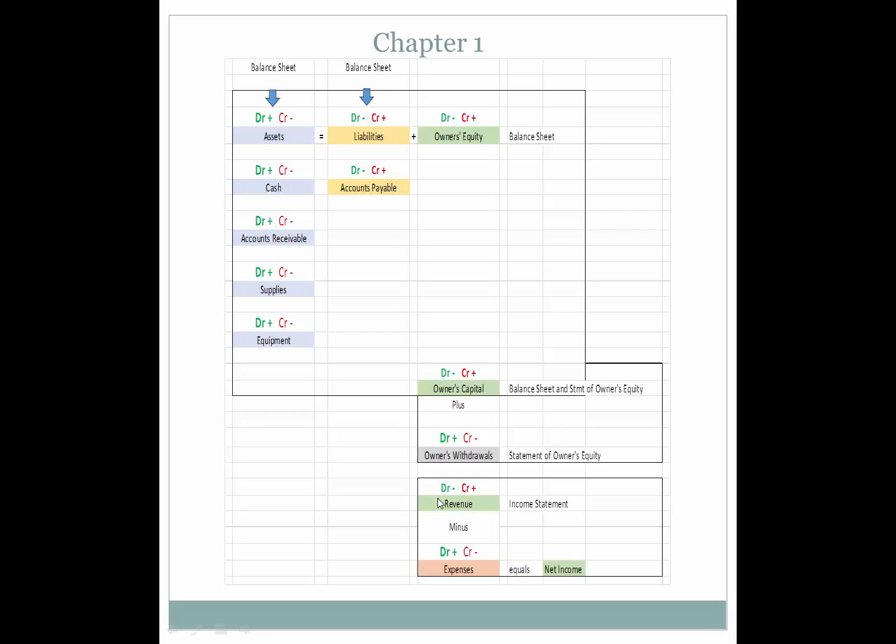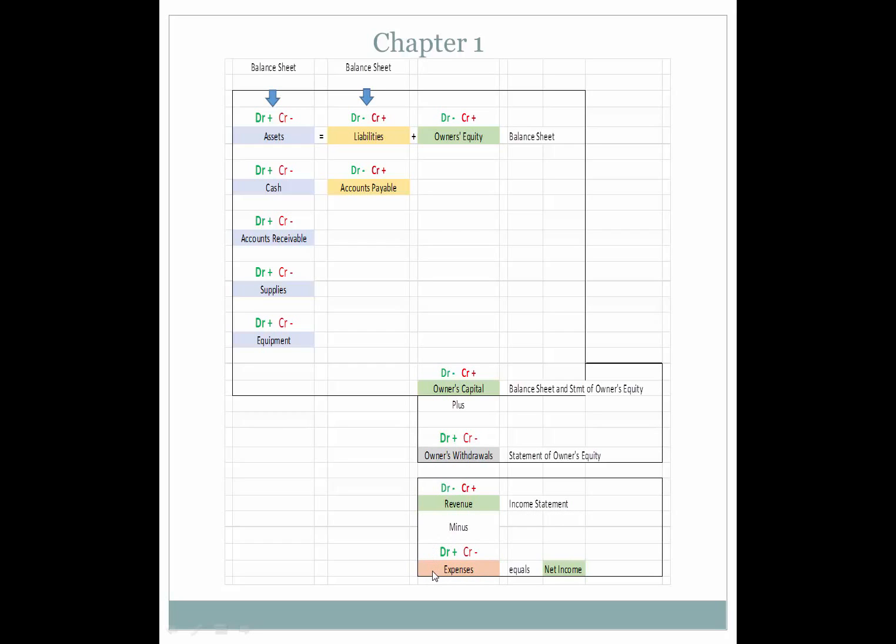All right, let's see what else is under owner's equity. We have revenue accounts under owner's equity, and because they increase owner's equity, we're going to say that they're credit-based and they're going to increase with a credit. Revenue accounts are only found on the income statement. And then expenses.